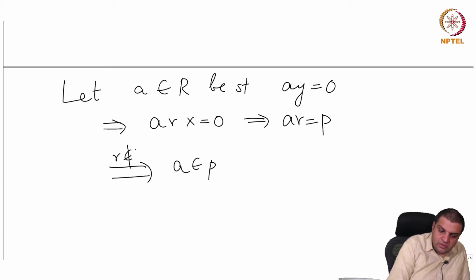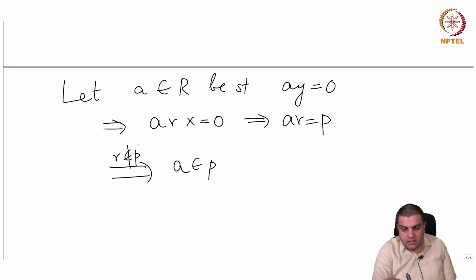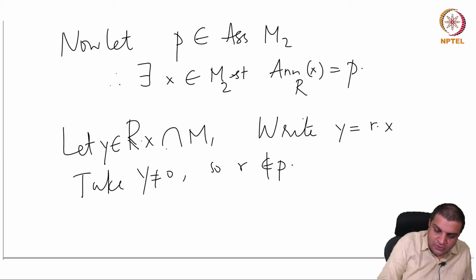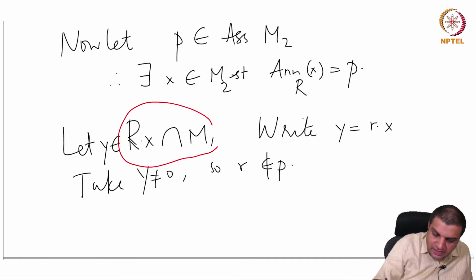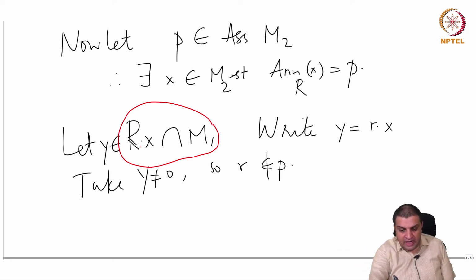Actually, sorry, I should not say let y. Assume that this is non-zero. Sorry, I should have been more careful. It is not necessary that two submodules of M2, namely Rx and M1, need intersect at anything. The intersection need not contain a non-zero element.